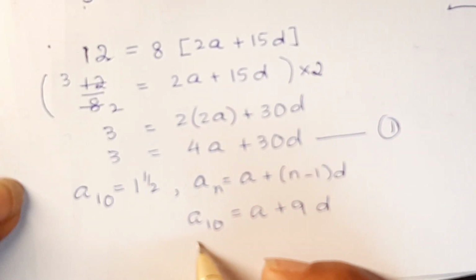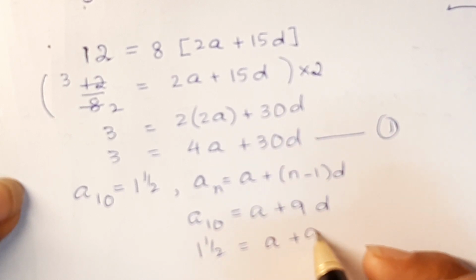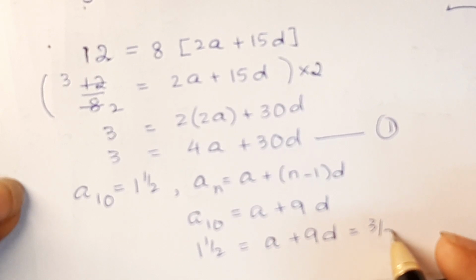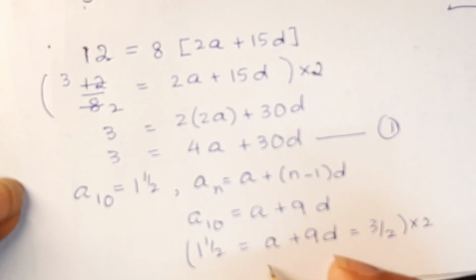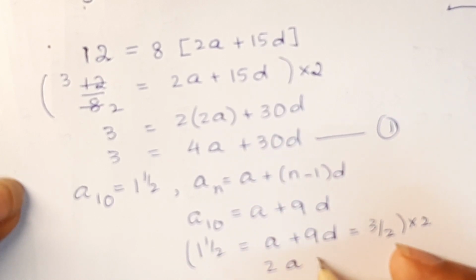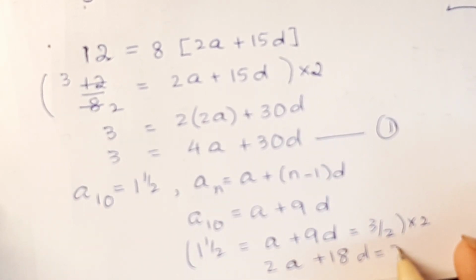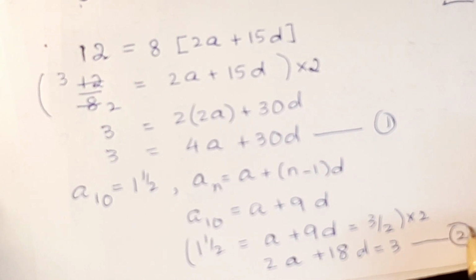And so 1.5 is equal to a plus 9d. I shall write this as 3 by 2 here only. And multiplying this by 2 will give us 2a plus 18d equal to 3, and that is our equation 2.